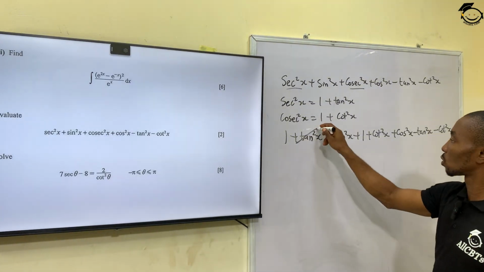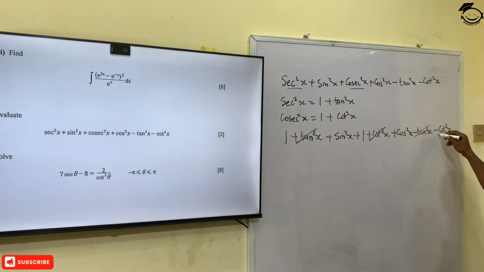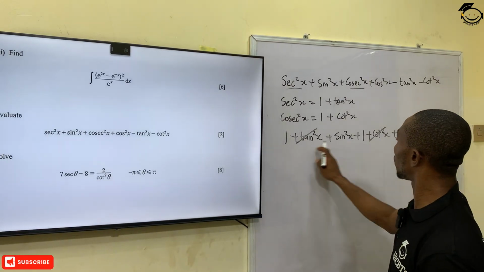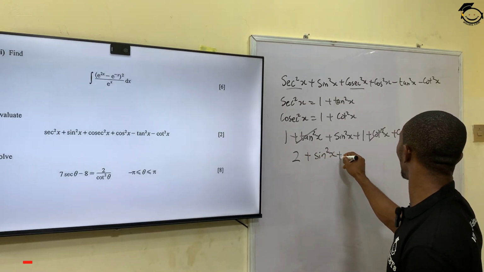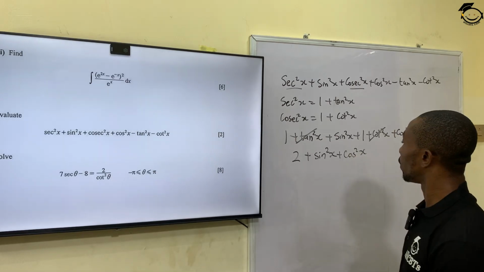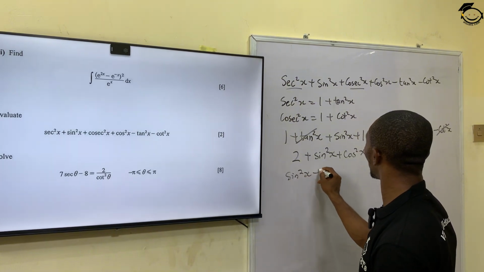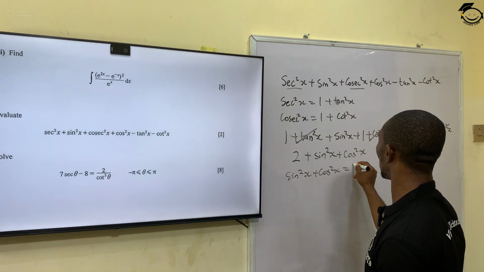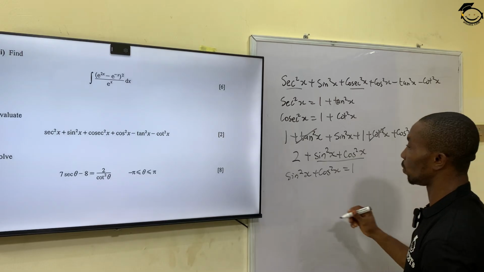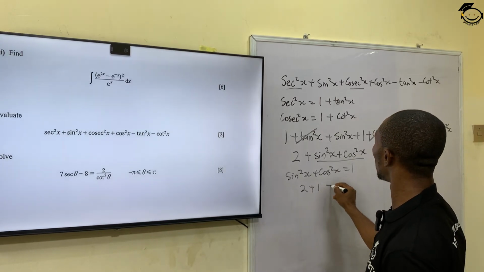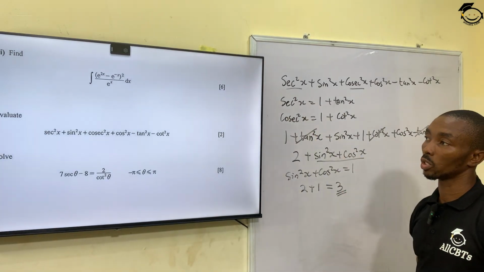Now, tan squared x will cancel tan squared x, and cot squared x will cancel cot squared x, leaving us with 1 plus 1, 2, plus sine squared x plus cos squared x. Now, recall also that sine squared x plus cos squared x equals 1. So that means these two will be equated to 1. So this will become 2 plus 1, which will give us 3. So 3 is our answer to this equation.